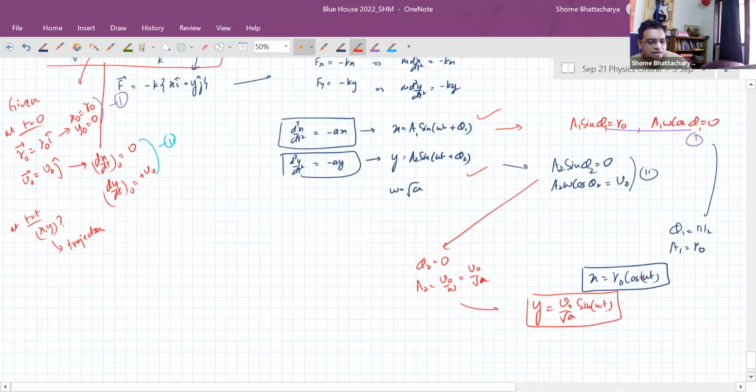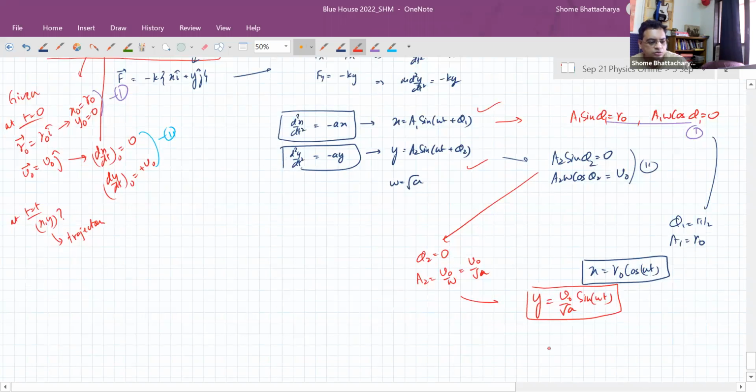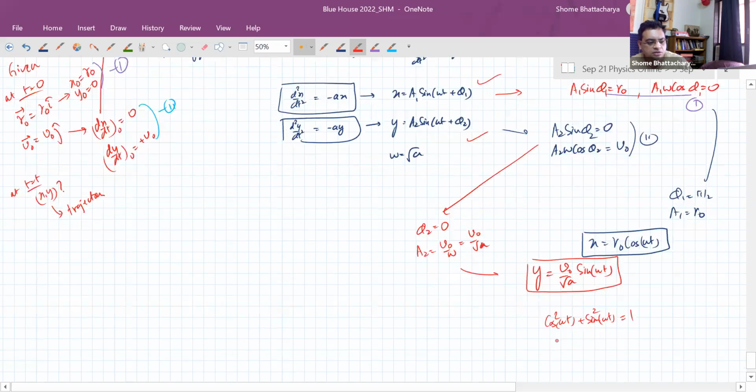Okay, now how will we get the relation between x and y? Eliminate t. So use the relation that cos square omega t plus sine square omega t is 1. So you'll get an equation of an ellipse actually. You'll see it has an elliptical path because this is x by r naught whole square plus root a y by v naught whole square is equal to 1.